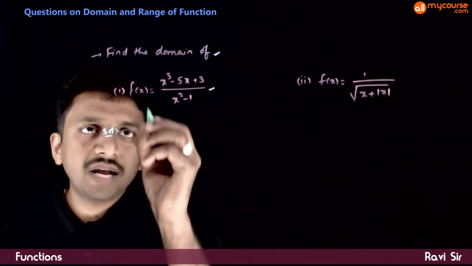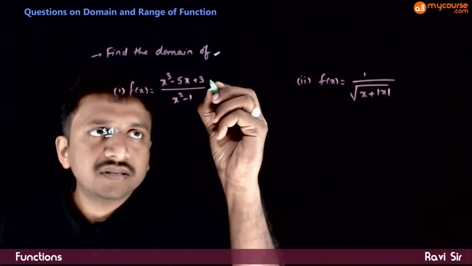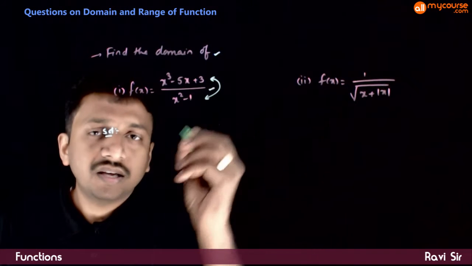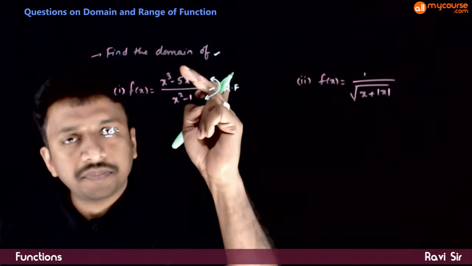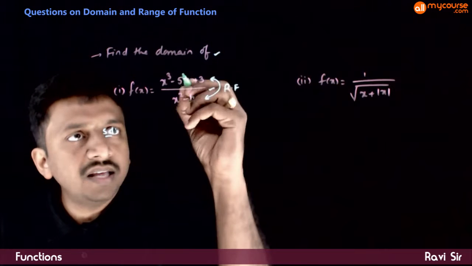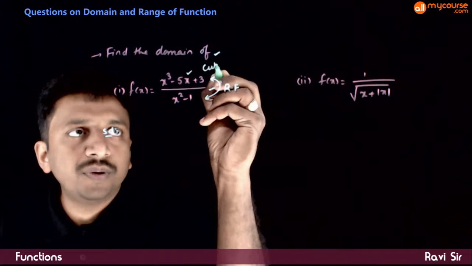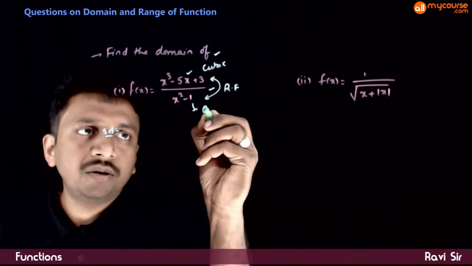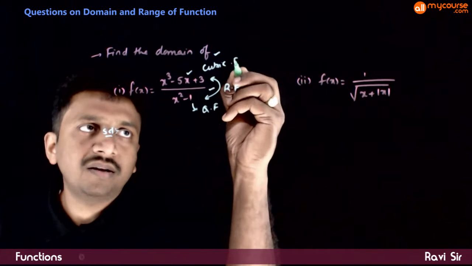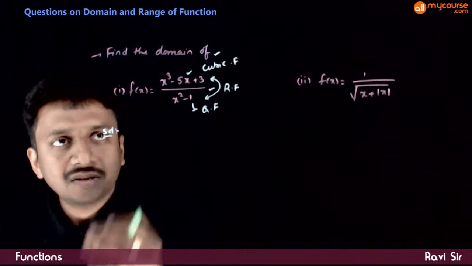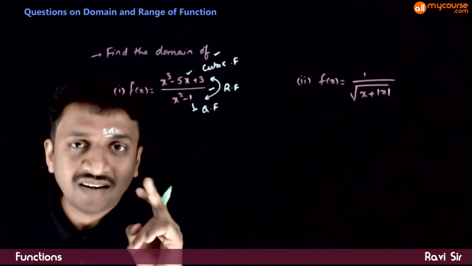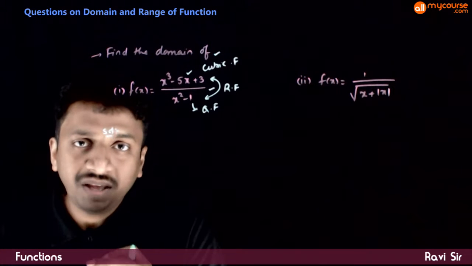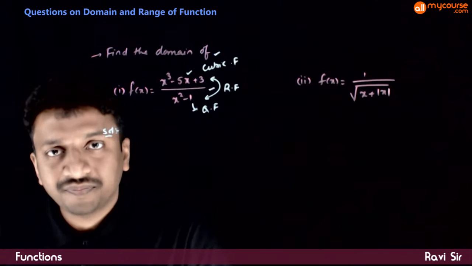So first, if you look at f of x, by the look of it, it is a rational function, something by something. In the numerator, you have a cubic function. In the denominator, you have a quadratic function. So f of x is made up of a cubic function and a quadratic function, in the form of a rational function.